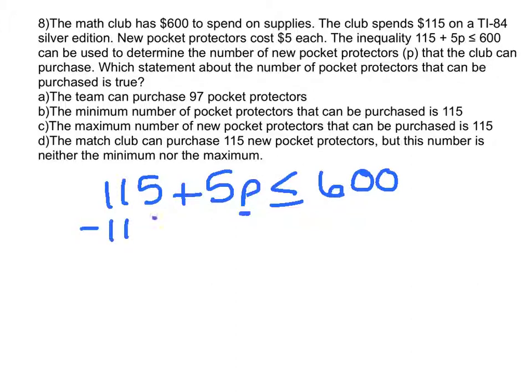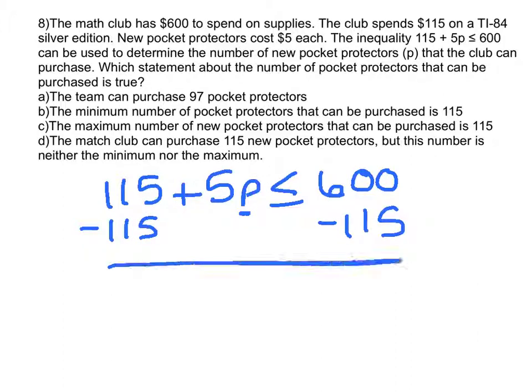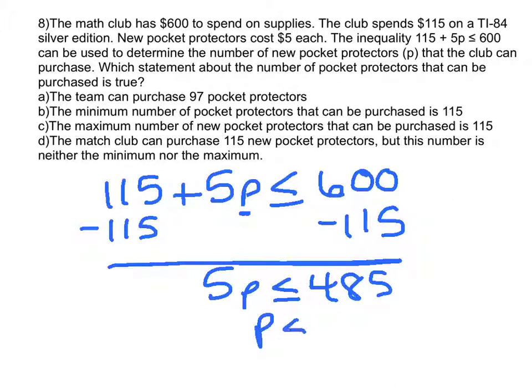So you're going to subtract 115 from both sides. Divide by 5, and your p is less than or equal to 97.